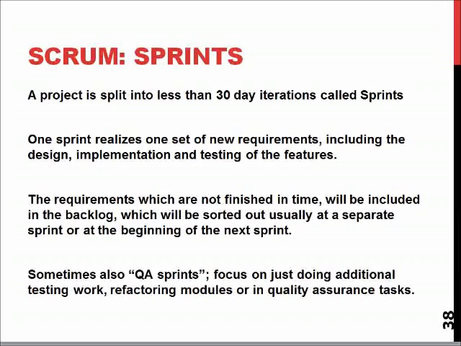Also, one sprint realizes one set of new requirements, including design, implementation, and testing of the set requirements or features, meaning that after you have launched your new version, you should have something that functions again. And of course, if you are running out of time, then you have to add those things into the backlog and do a separate sprint to catch up with those things.